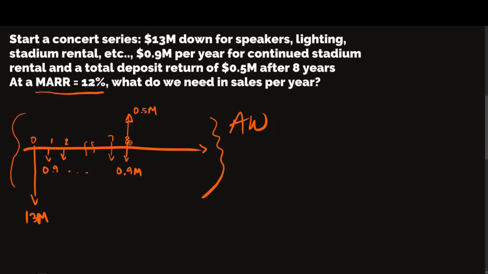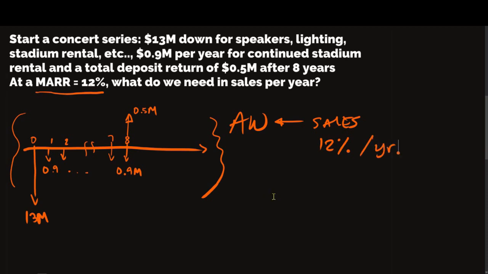So I'm going to find AW, and that AW is going to be my goal for sales. If I hit those sales marks per year, then at the end of this time frame, after all is said and done, I will have made 12% a year.